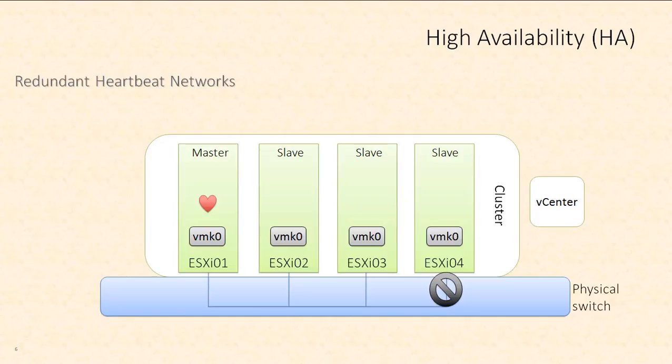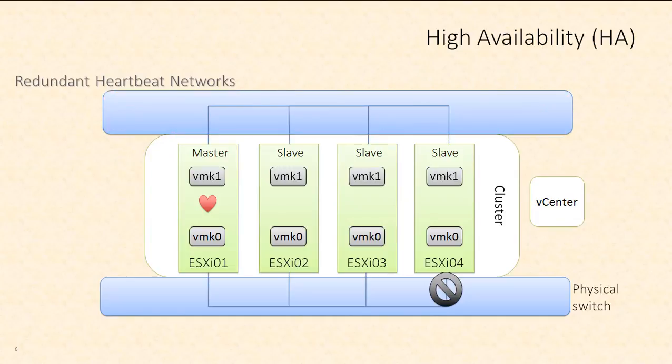A good way to prevent this is to create a redundant heartbeat network. And this is a best practice with HA. So what we've done is we've created an additional VM kernel port on each host that's marked for management traffic. And we've ensured that all of the hosts have one of these secondary heartbeat VM kernel ports marked for management, and that they're all able to communicate with each other.